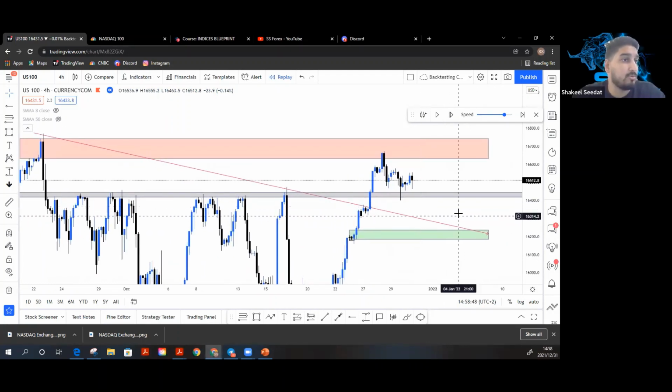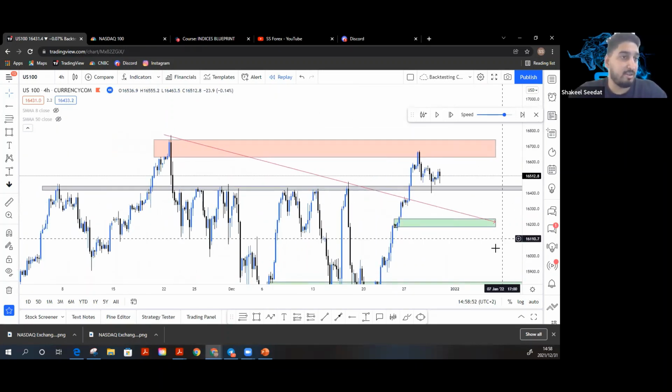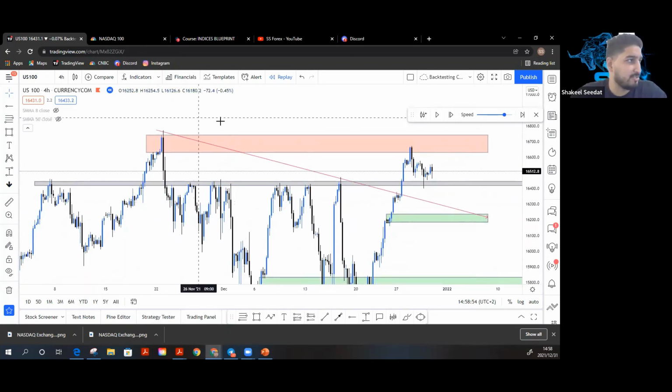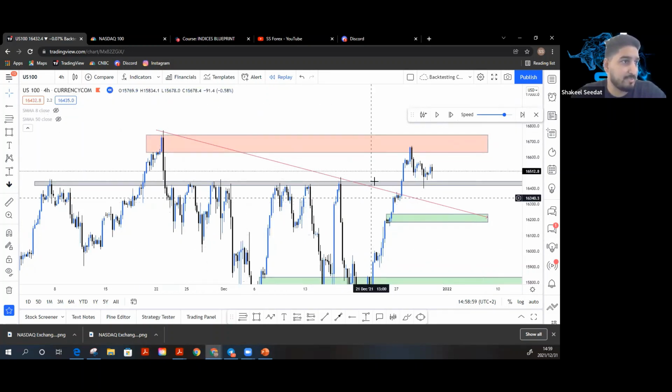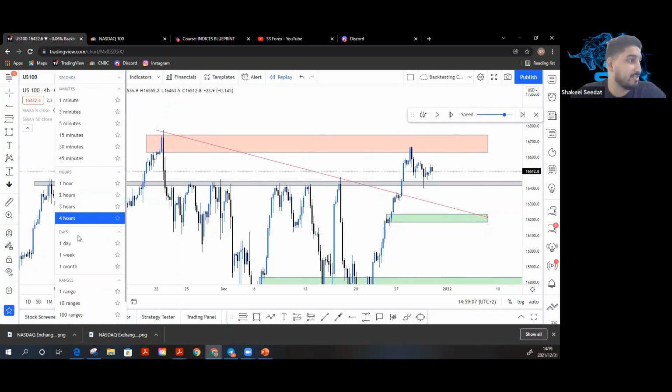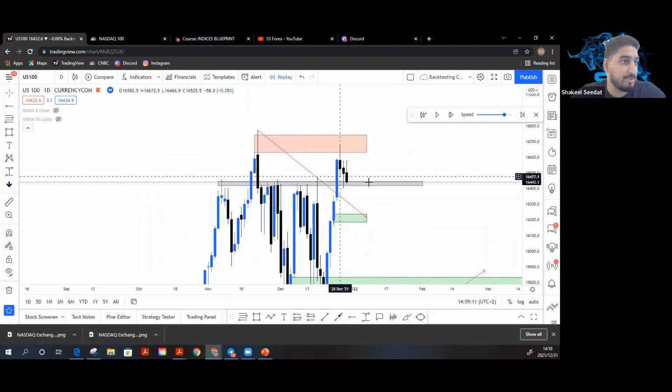Firstly, I want to break it down on the technical side of things. We're looking at Nasdaq currently, and you can see that price has broken out of this trend line. We've also closed above the resistance. This was the daily resistance, now turned support.